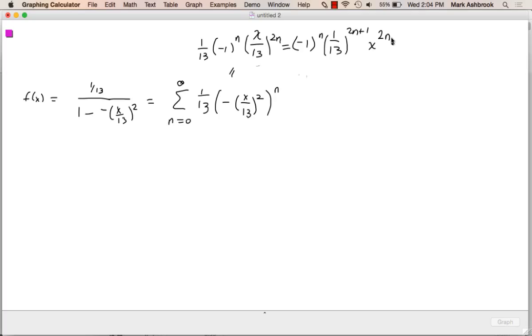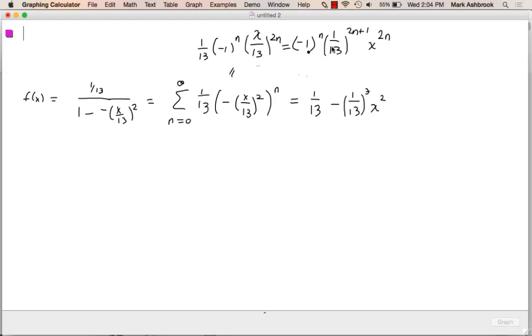So that's what I want to work on here. I want to write out the terms of that, starting with 0. When n equals 0, I've got 1/13. When n equals 1, I get negative 1/13 to the third, x squared.